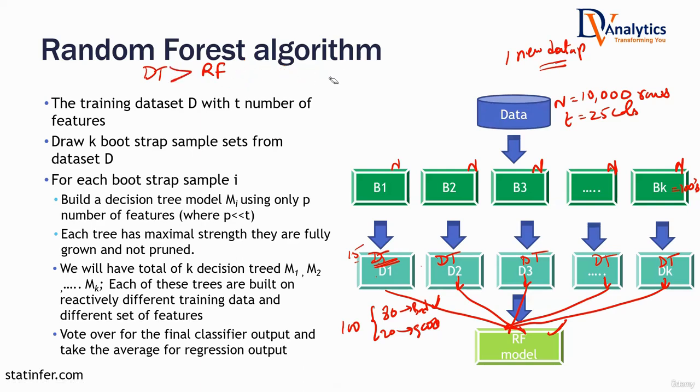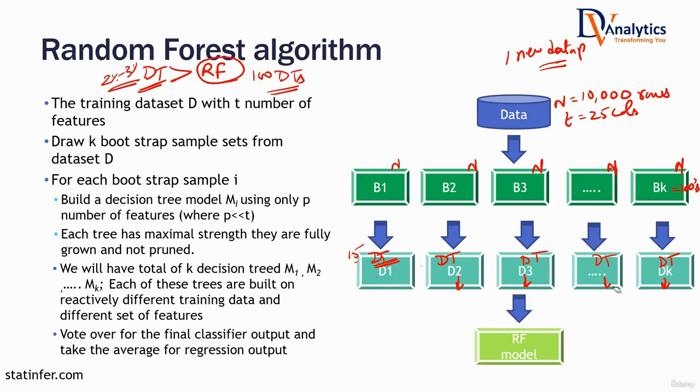A single decision tree was giving 2 to 3% more lift than a random forest where hundreds of decision trees are built. Then the data scientists got shocked. How come hundreds of decision trees together give overall accuracy less than a single decision tree?